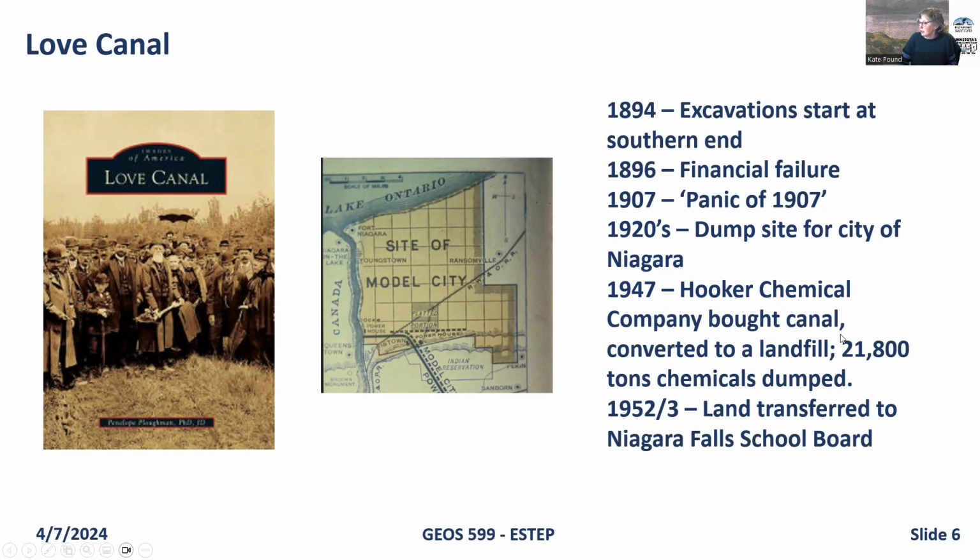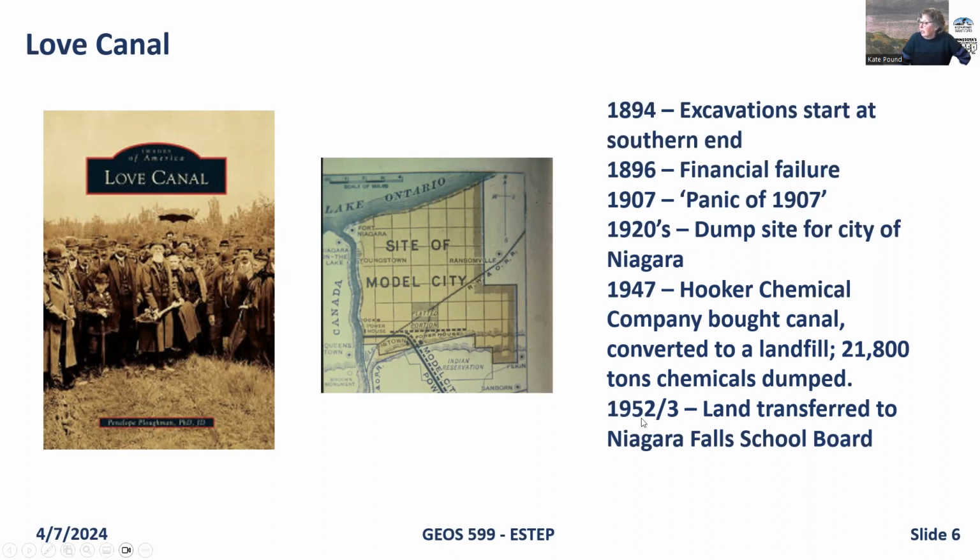And here you see it identified as a canal. That's because during development as a dump, it was basically further excavated as an elongate canal-like feature. So the Hooker Chemical Company converted it to a landfill, and more than 21,000 tons of chemicals were dumped there.